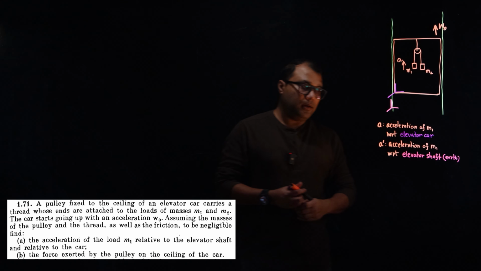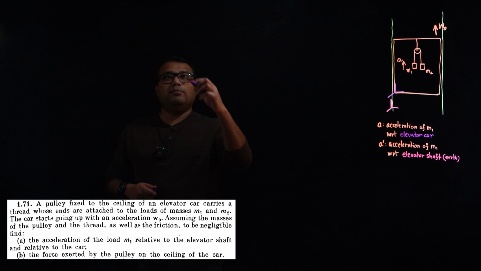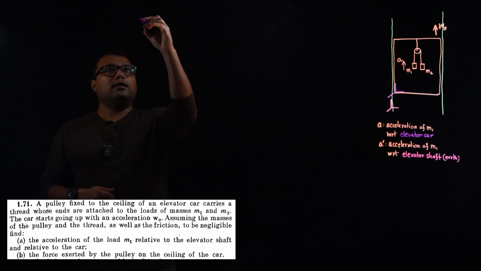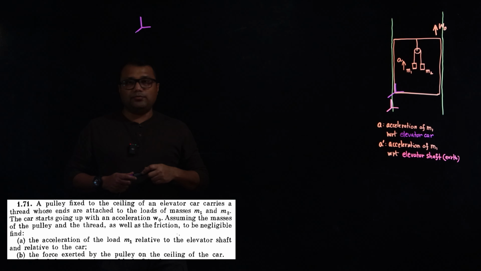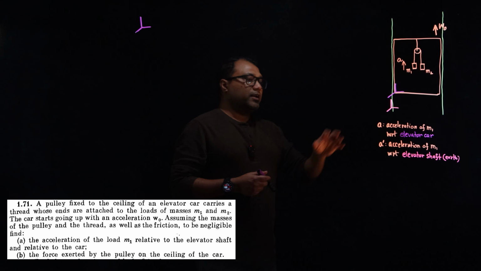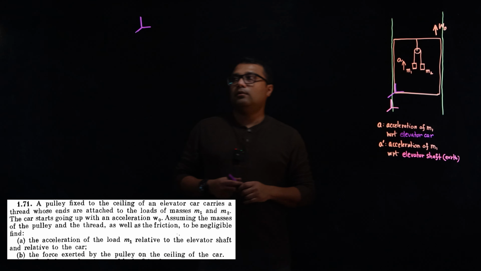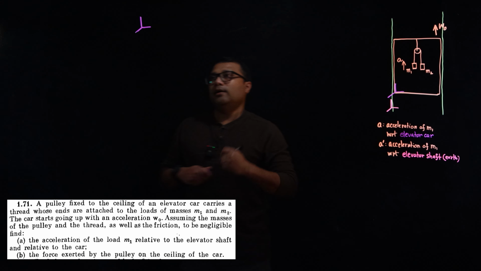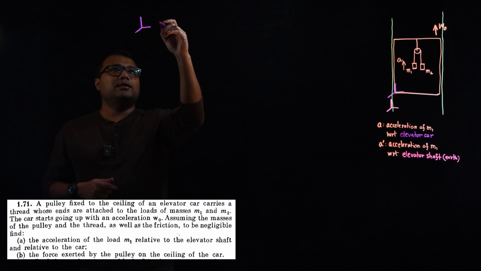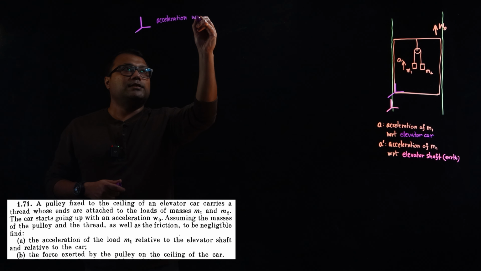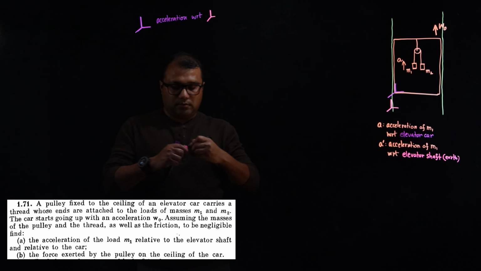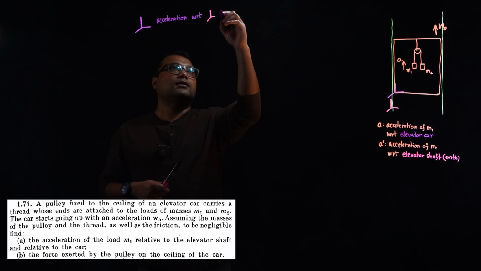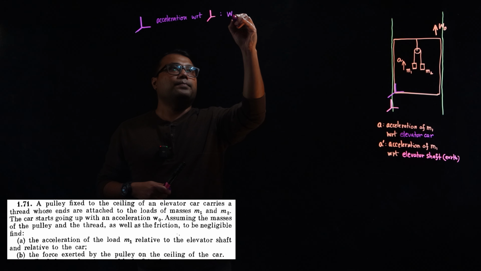Now let's take the frame of reference of the elevator car. This means we are looking at m1 and m2 in the frame of reference of elevator car. Now this frame of reference itself has an acceleration with respect to earth, and its acceleration is w0.